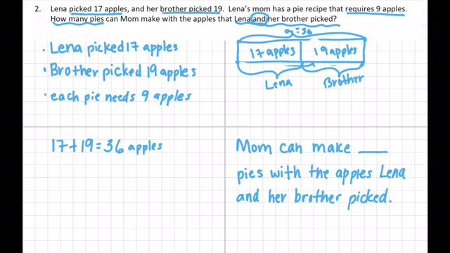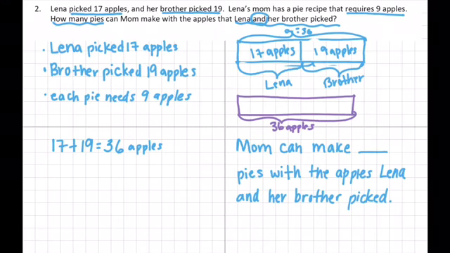And I'm going to switch colors just so you can see that I'm onto a different part of the problem. And what I know is that she has a total of 36 apples in all. And that she needs 9 per pie, right?